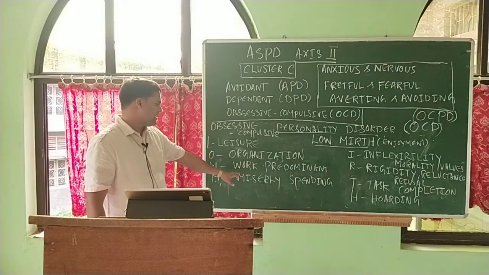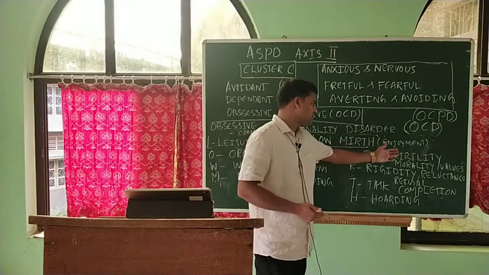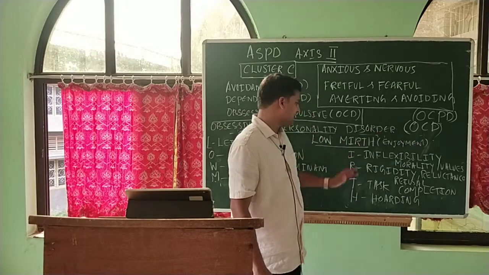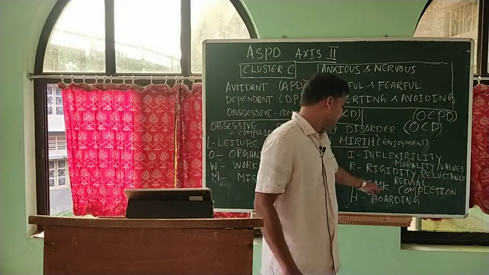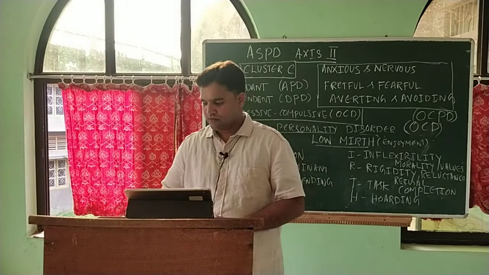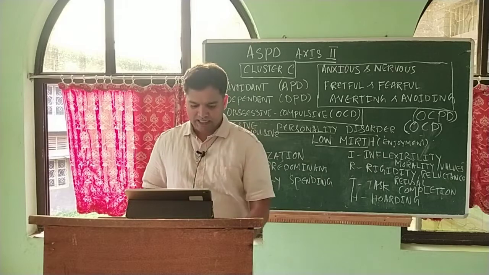Workaholics, with miserly spending habits. Very inflexible in terms of morality and values. They are very rigid, reluctant, and they refuse things. They never complete a task. And they hoard and pile up things; they cannot get rid of things, they cannot discard things.